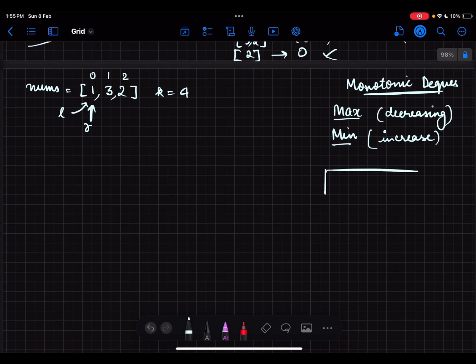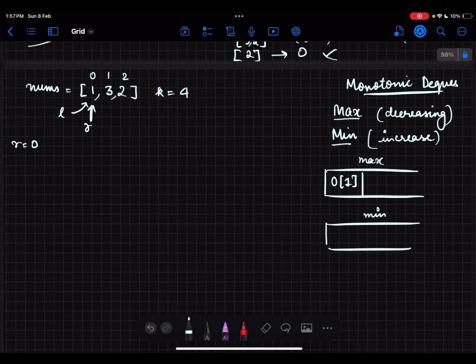Here are our two queues, the max one and this is the min deque. Starting with R as 0, we first check our max and min deques. If they are empty, we push the index 0, whose value is 1. Remember, we just store the index in the deque and not the value. I'm writing the value just for reference.